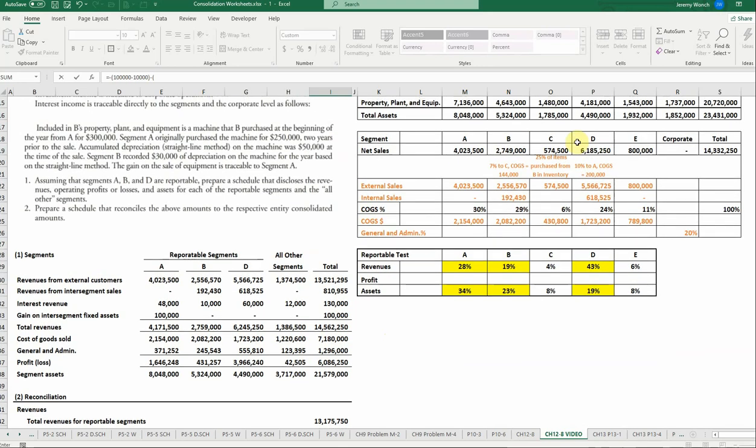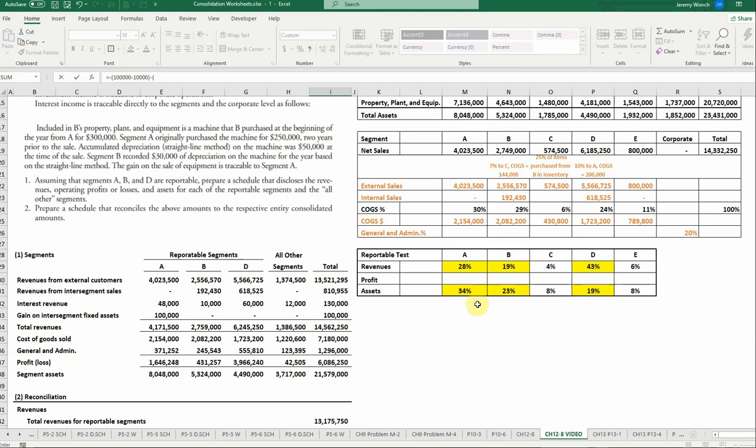so it says up here that we had 25% of the inventory that was sold between C and B was still in inventory. So that's part of our current assets. We need to eliminate the overstated portion.